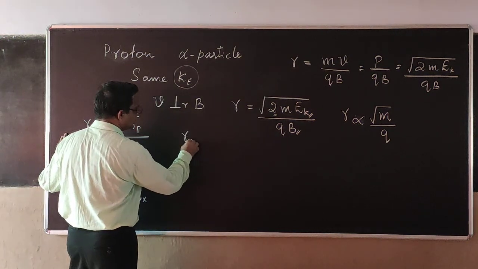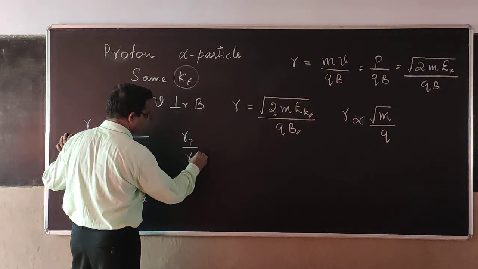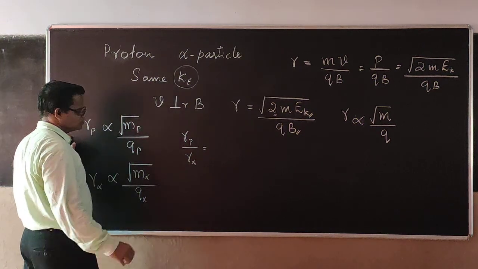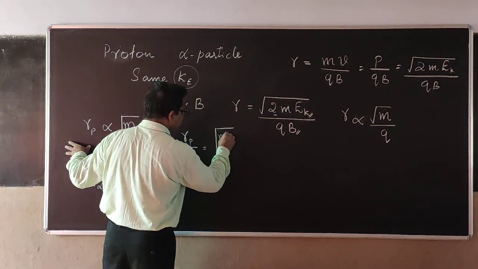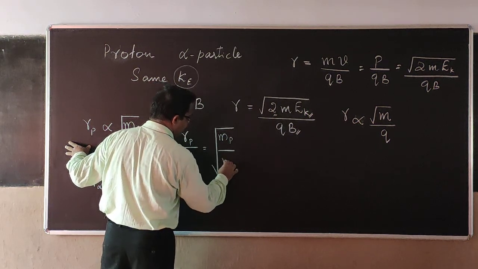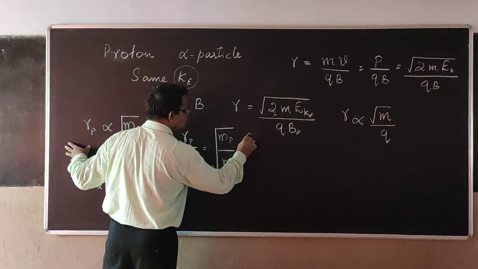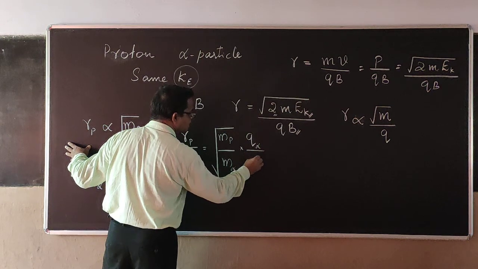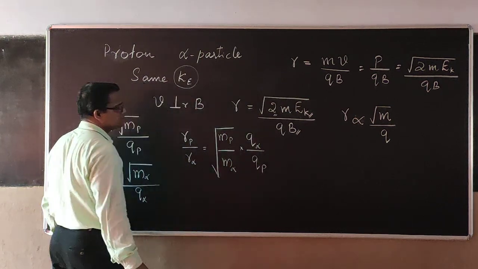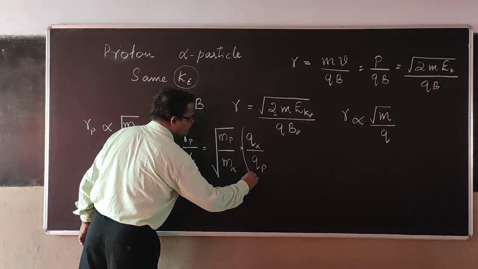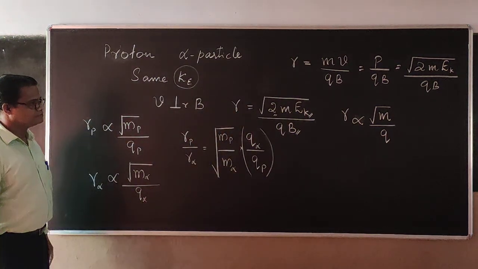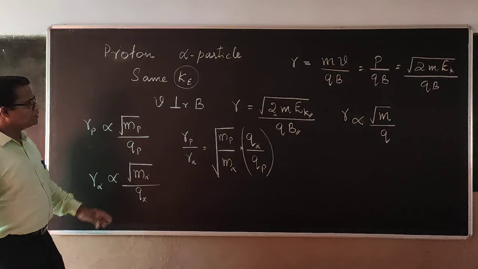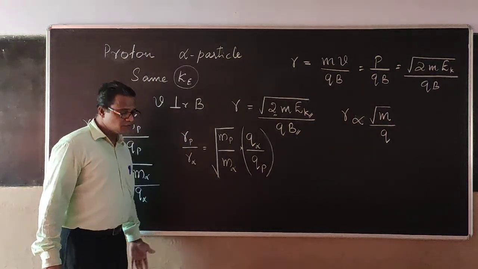Therefore, Rp by R alpha is equal to root of mp by m alpha into q alpha by qp. See, q alpha and qp are outside the root. Now into this you can substitute the values.